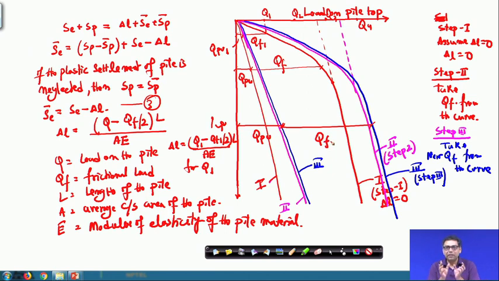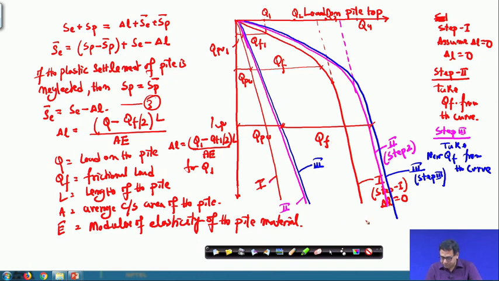So, we will get separately the friction resistance and the tip resistance. Generally, it is observed that after 3 to 4 trials you will get these overlapping each other. So, from this curve you will get separately what is the QPU and what is the QF, and that is the ultimate.